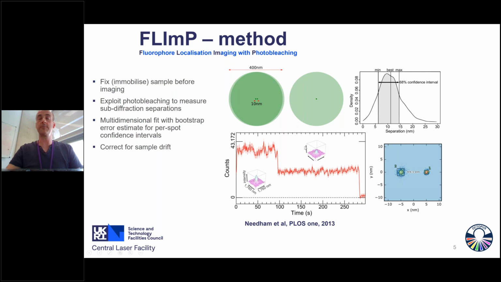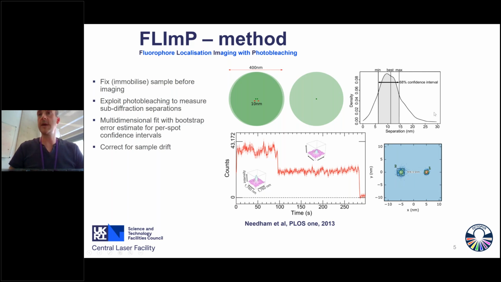We use bootstrap resampling of the pixels through time in our data to empirically infer the uncertainties in our measurement, so we can localize our 2 molecules to a small number of nanometers localization precision, and we can measure the separation between the molecules. From the bootstrapping we get an uncertainty, so we essentially get a probability distribution for the separation like we get here.